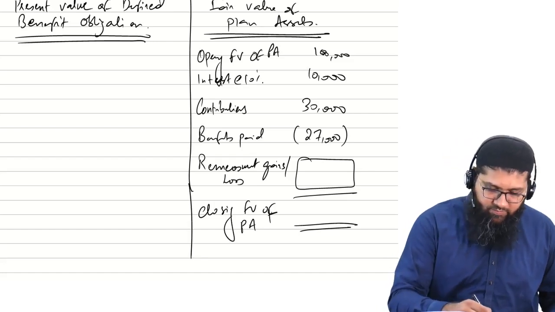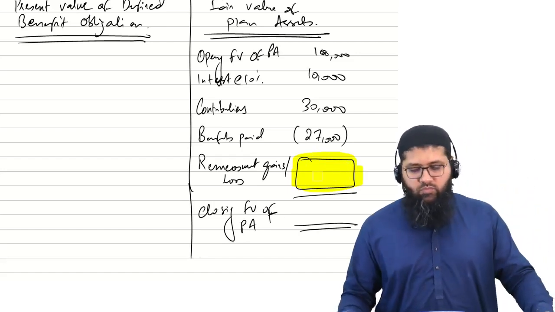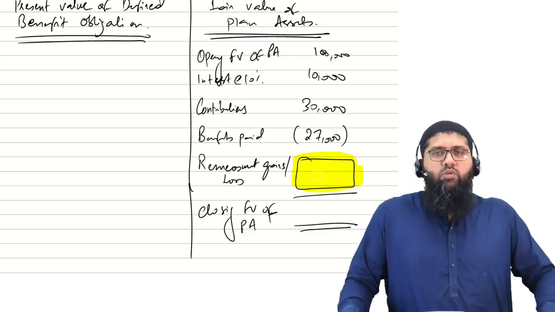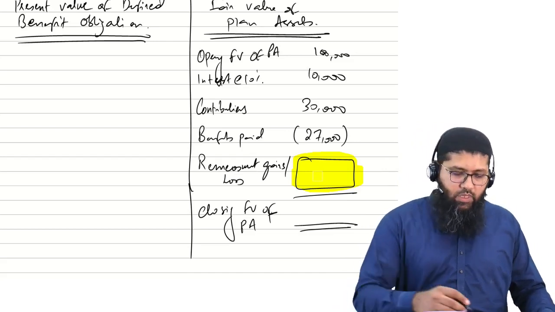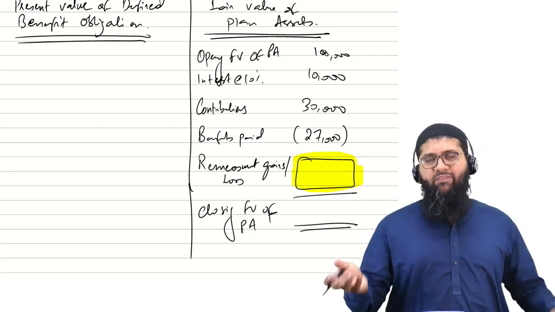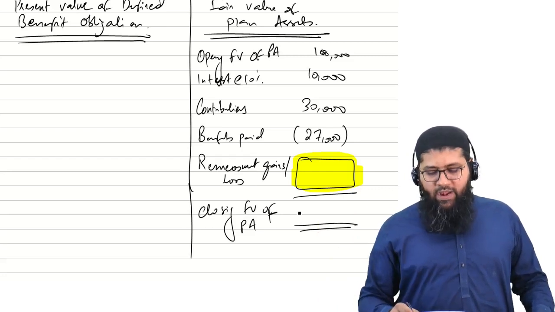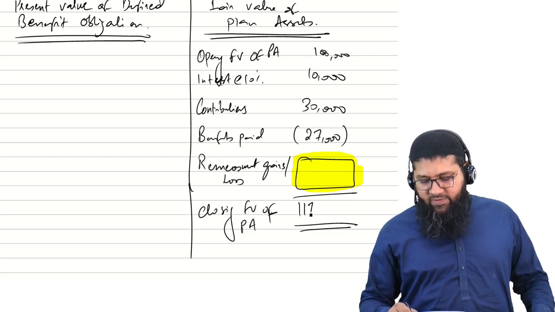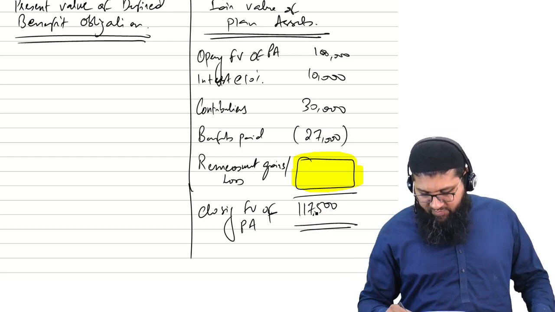Now try to understand this. At the year end, you have to remeasure these assets, I mean the investments in shares, bonds, etc., of that fund. And when you remeasure it, you are able to figure out that this is 117,500.